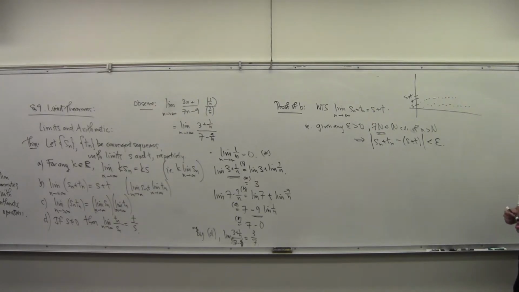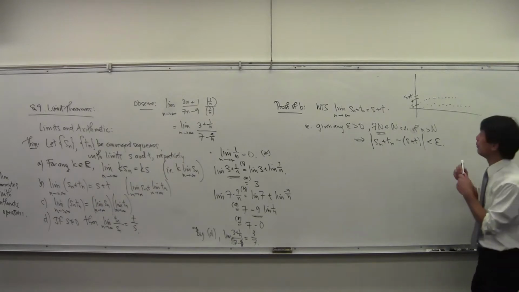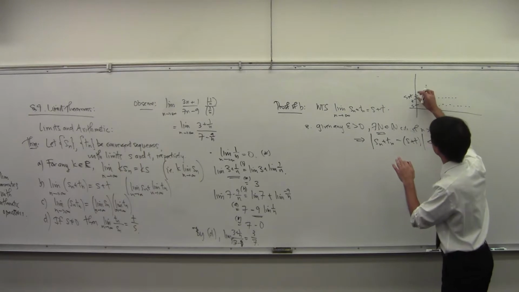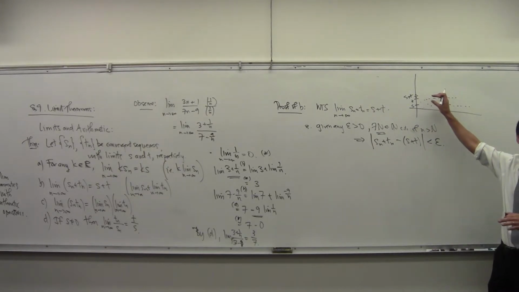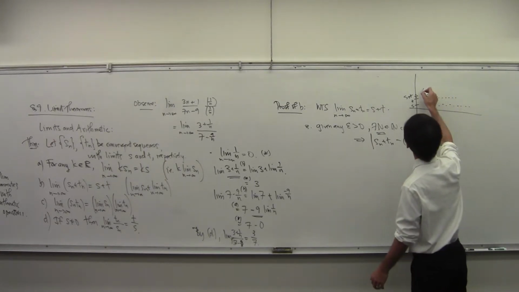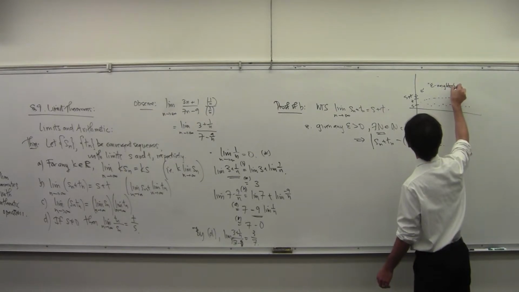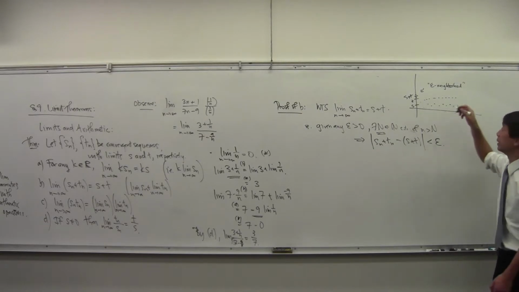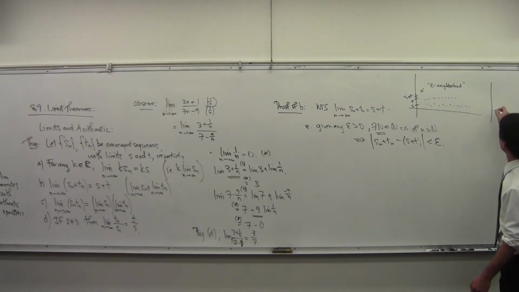So how do you do it, right? We want, so what we're saying is that given any epsilon, let me introduce some name here. Given any epsilon neighborhood of S plus T, so it's that little interval, you know, here's S plus T plus epsilon, S plus T minus epsilon.